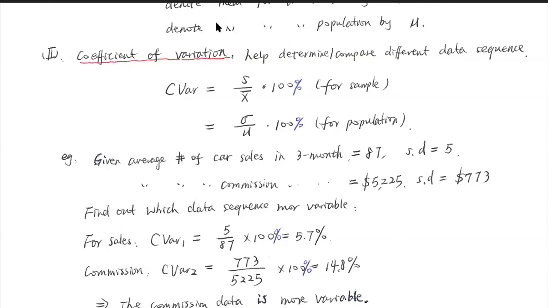It's different from the one we mentioned earlier, right? This is in like $5,000. This one is like 87 count. They are not on the same scale, right? We cannot really compare 5 to this 773 because they are not really on the same scale, right? That's unfair to compare that way.